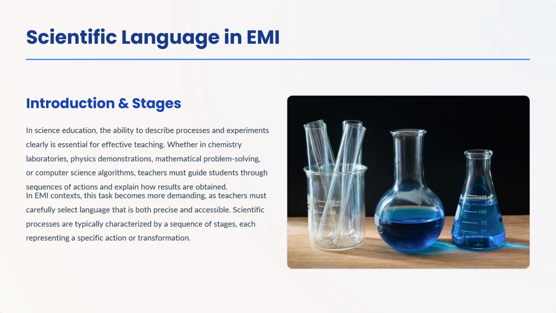In English medium instruction contexts, this task becomes more demanding, as teachers must carefully select language that is both precise and accessible. Scientific processes are typically characterized by a sequence of stages, that is to say, by steps. Each stage represents a specific action or transformation that contributes to the final result.